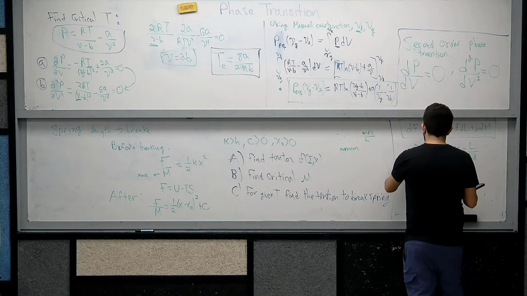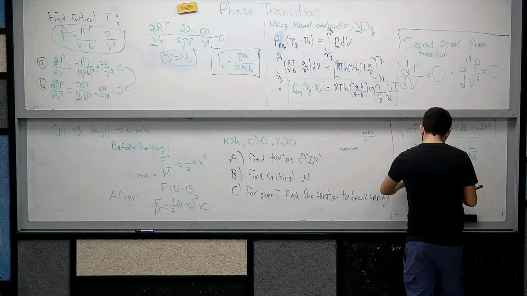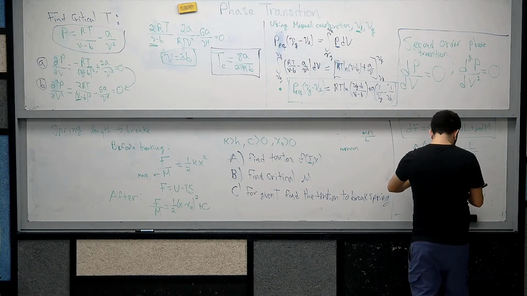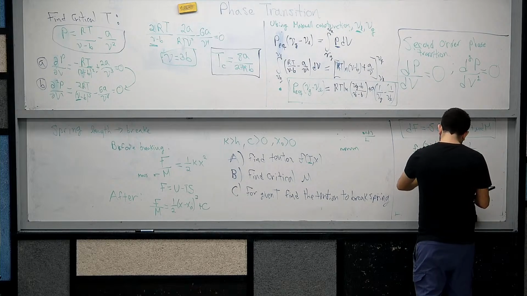Okay, so for small lengths, then the free energy is given by 1 over 2 m.